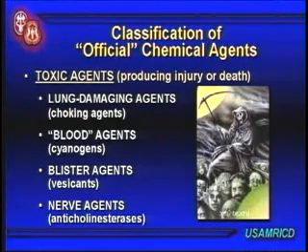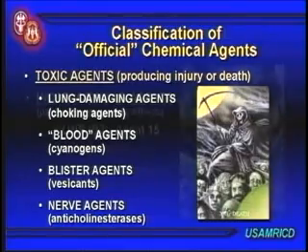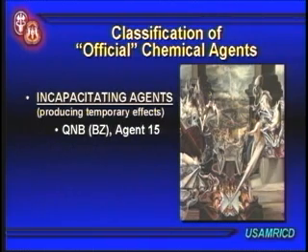Let's start by observing that of the official chemical agents, there are only two main kinds. There are the toxic, sometimes called lethal agents, the agents that are designed specifically to seriously injure or to kill. Then there are the incapacitating agents, the agents that are designed not to produce any serious or long-lasting injury.